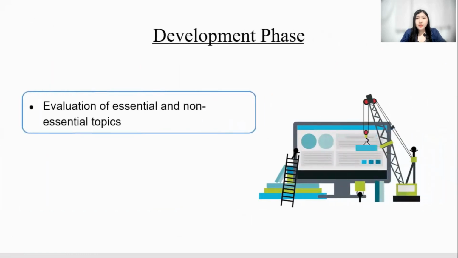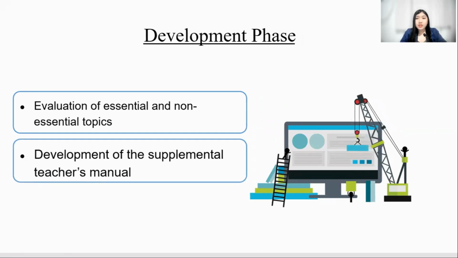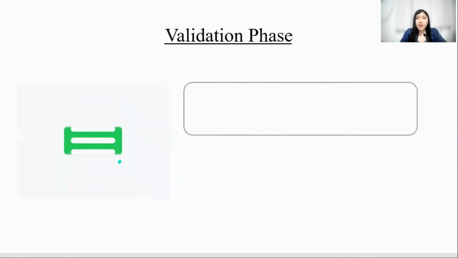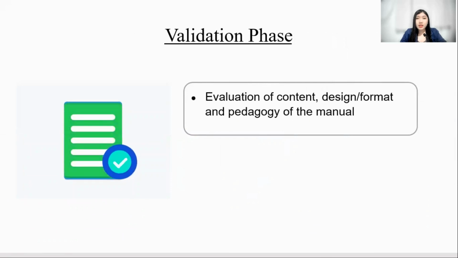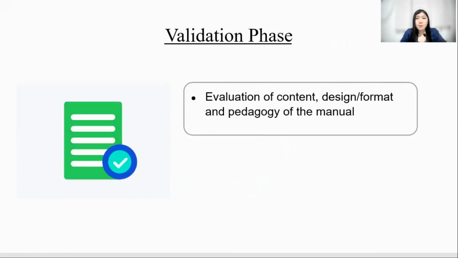For the development phase, it included the evaluation of essential and non-essential topics. These topics were then used as basis in the development of the Supplemental Teacher's Manual. For the validation phase, it involves the evaluation of content, design, format, and pedagogy of the manual.